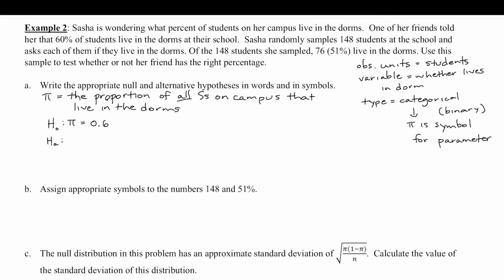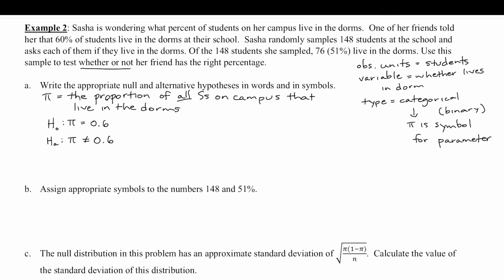And then the alternative, she is testing whether or not her friend has the right percentage. So that suggests a two-sided alternative, that the proportion of all students that live in the dorms is not 0.6 or is different from 0.6.